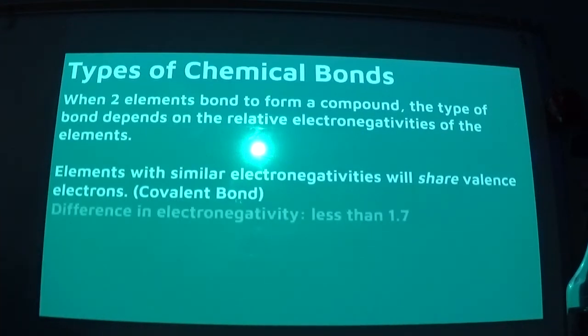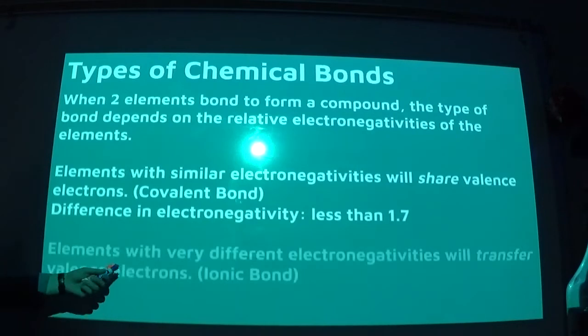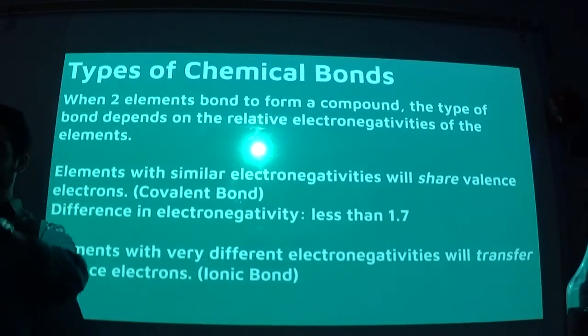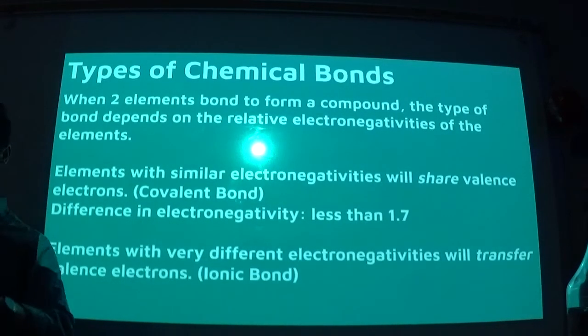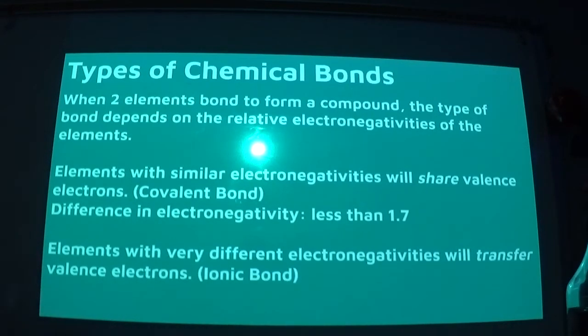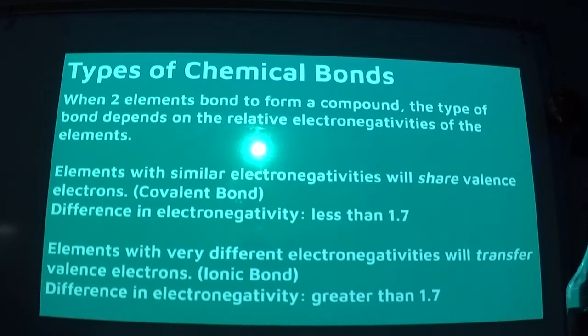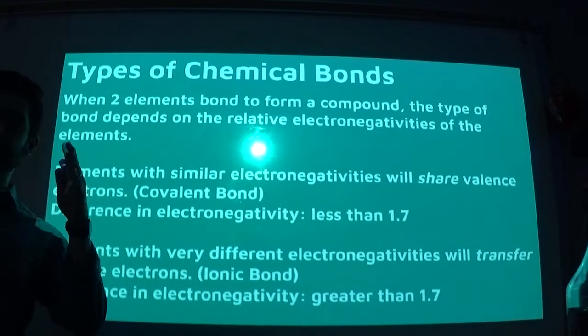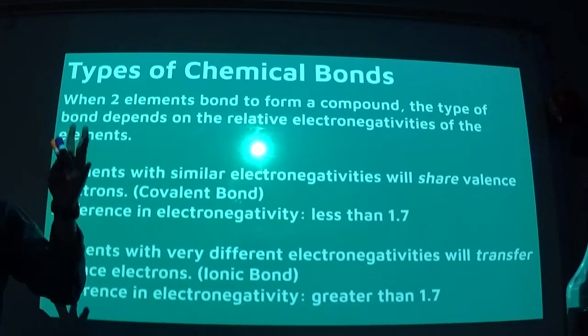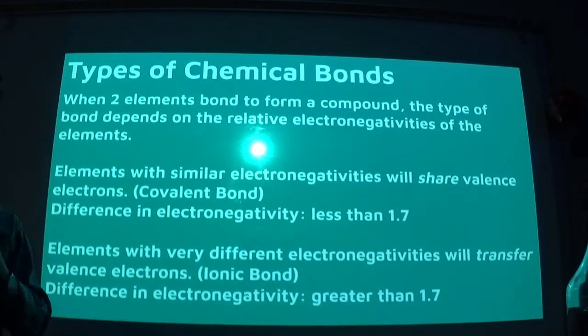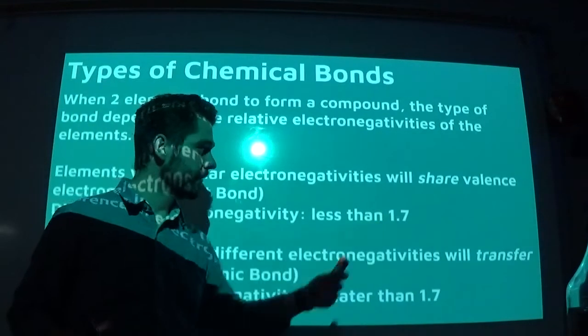If I have electronegativities that are very different, okay, one is really high, one is really low, the electrons are going to be strongly attracted to one of those atoms. So they just get ripped away from one atom and become a part of the other one. And that's where we get an ionic bond. Okay, and so our cutoff here, it's technically a spectrum from very low to very high difference in electronegativity, but a convenient cutoff point is 1.7.